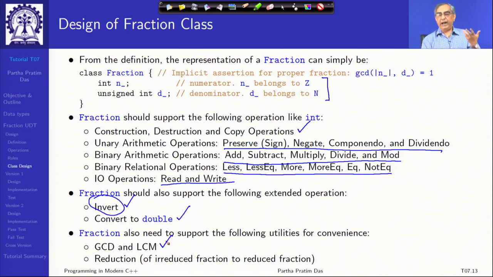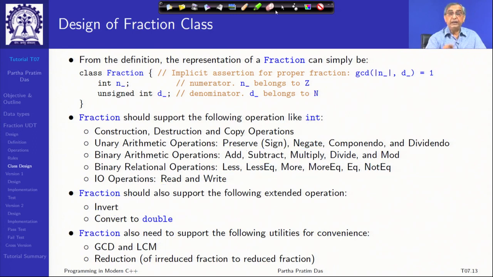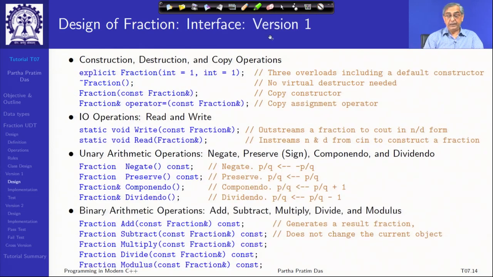LCM, the least common multiple, is required for adding and subtracting, and we need a reduction operation. These are basically what your implementation is going to need. Right. So, this is the basic design that you identify. That is the first step. We have clarified the notion, decided on the representation, and decided on the set of operations and their properties that we want to realize.